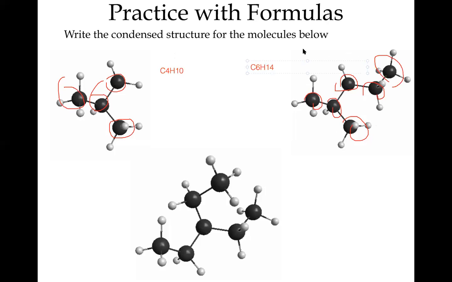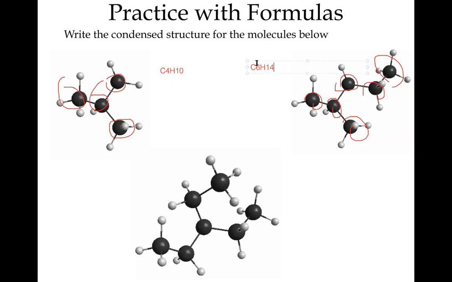C6H14. Now, maybe you're noticing a trend here where if you have 4 carbons and there are no double bonds or other groups, it's just carbons and hydrogens. If you doubled 4, you'd get 8. And 8 plus 2 is 10.